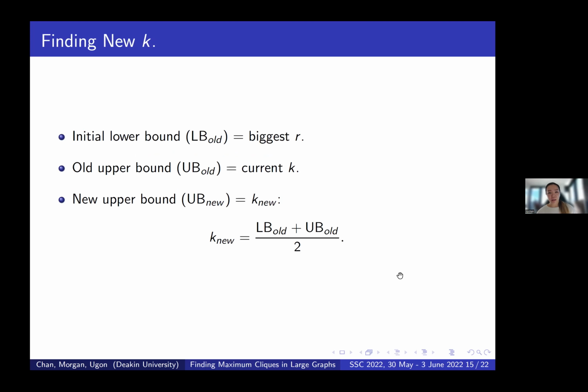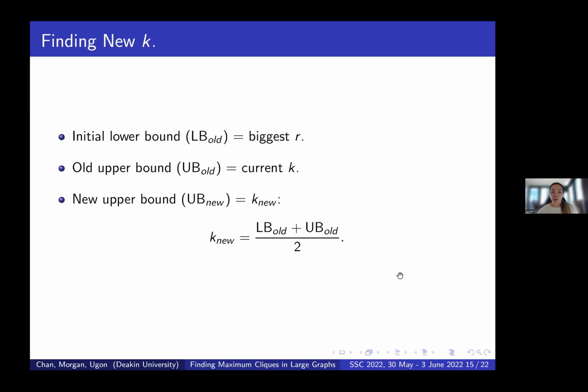In finding a new K, it's almost like a binary search method. We think of the initial lower bound as the biggest R that we've used in computing the R-cliques, and the old upper bound is the current K that you assumed in the first round of reduction.